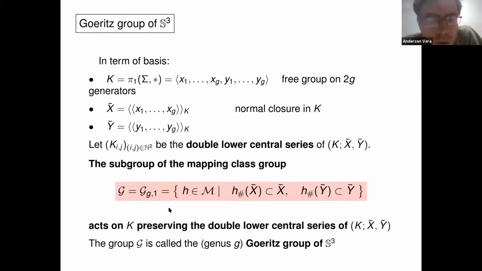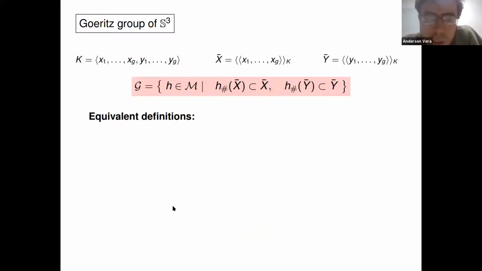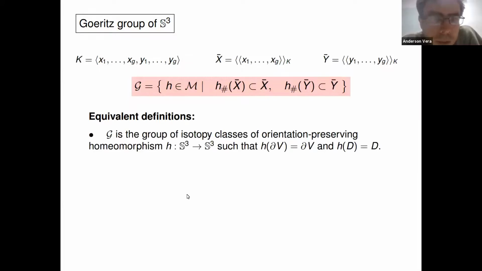This group is called the genus g Goeritz group of the sphere. Let me give some equivalent definitions of this group. We may think of this group as the set of orientation preserving homeomorphisms of the three-sphere which preserve the boundary of the handlebody and the disk, up to isotopy.